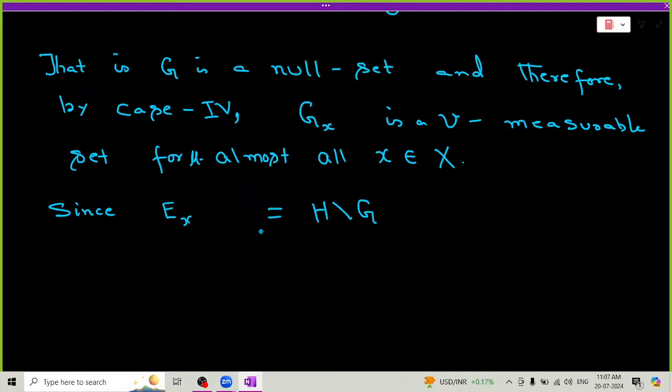So x section of e will be x section of the difference. And this is equal to, that exercise I gave you yesterday, this is equal to x section of h minus the x section of g.